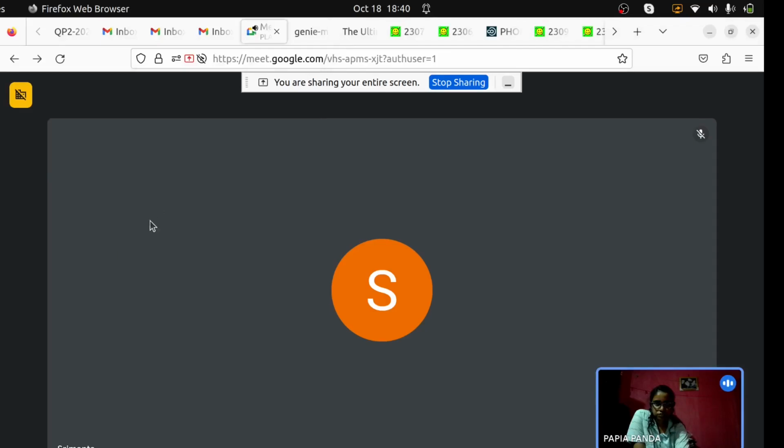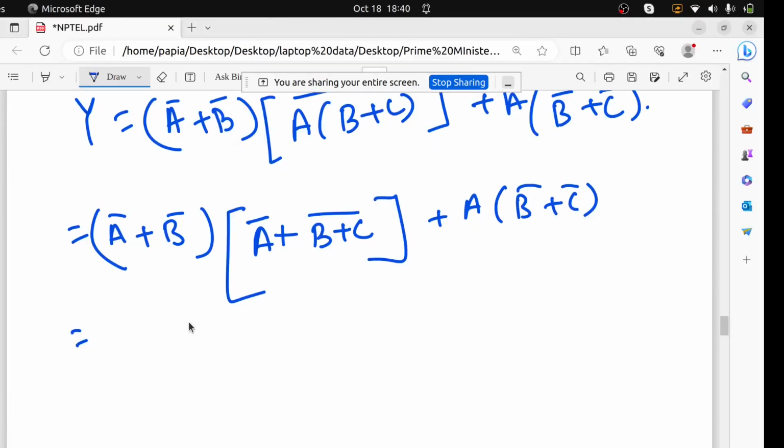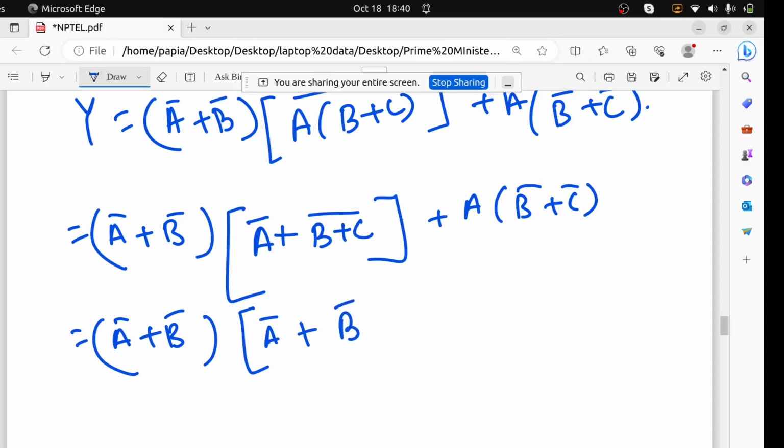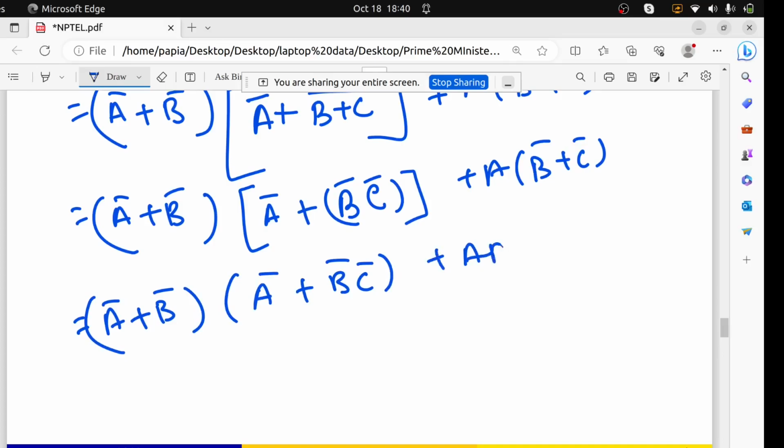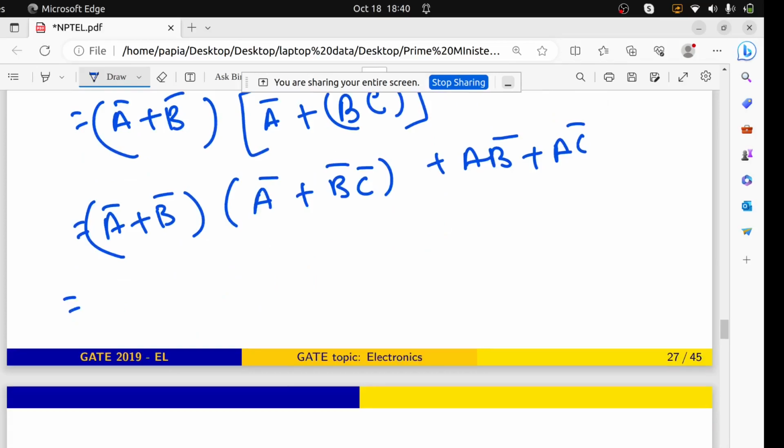Sorry for this interruption. Okay. So A bar plus B bar, then A bar plus, you can see here I can write it like B bar into C bar, plus A B bar plus C bar. Then A bar plus B bar, A bar plus B bar C bar plus A B bar plus A C bar. Now you can see that A bar is there, so I can write one A bar.